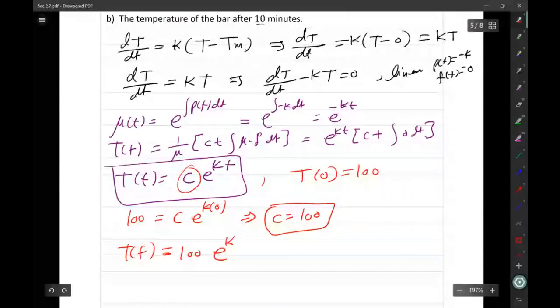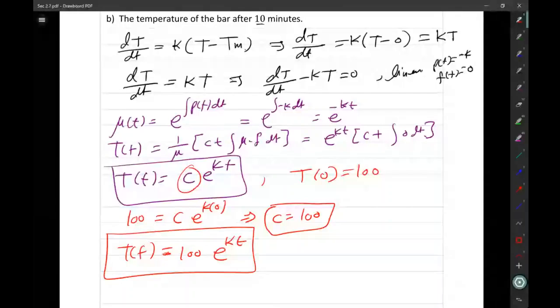But before doing anything, I need to find out the coefficient, the proportionality constant k. How? Use that T of 20 is equal to 50.